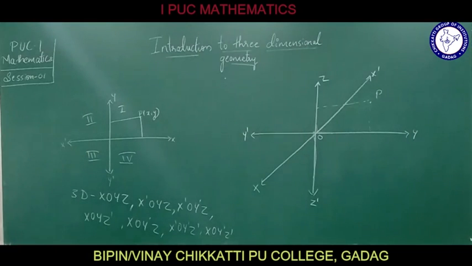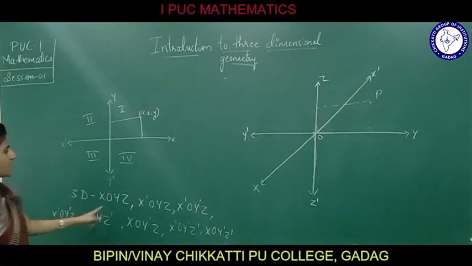So how many did we get? We got X O Y Z, X dash O Y Z, X dash O Y dash Z dash, X O Y Z dash, and X dash O Y dash Z. These are the 8 quadrants.